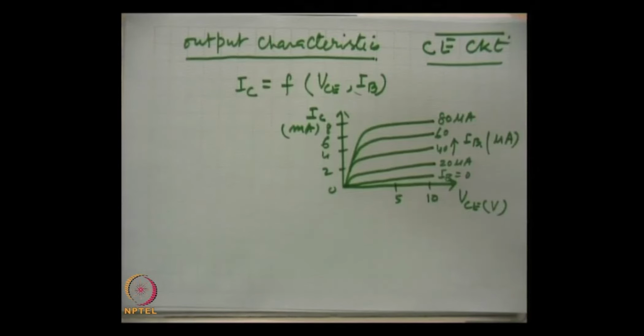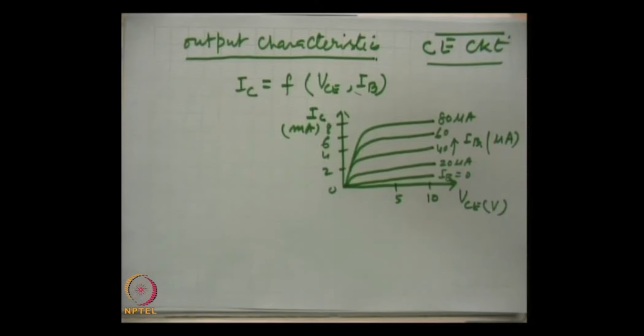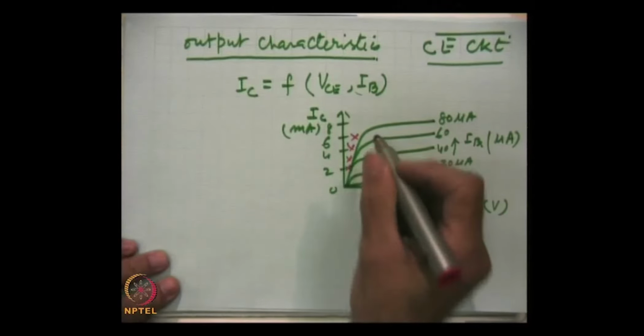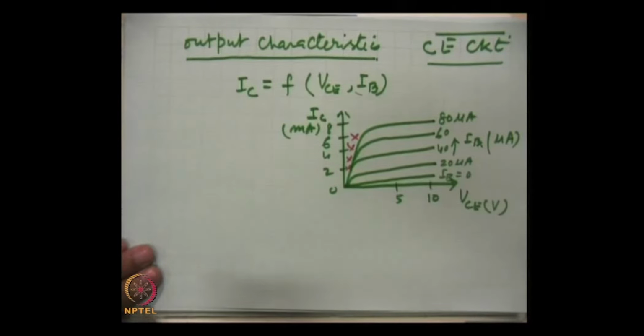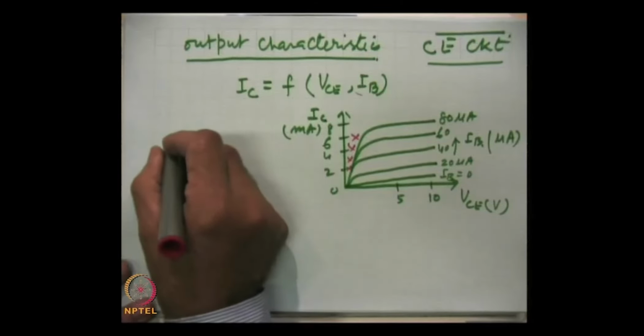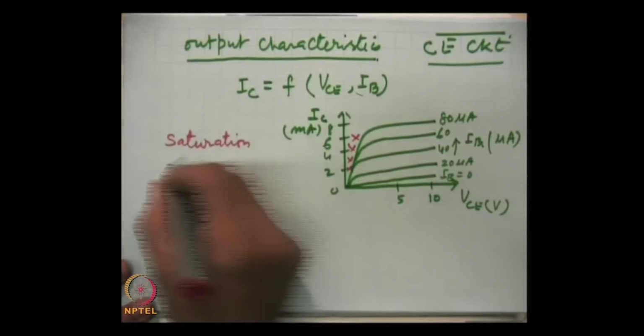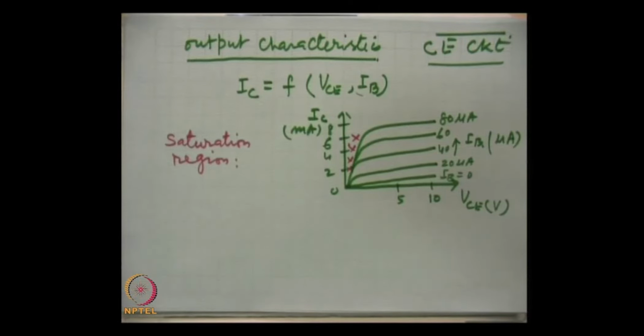These characteristics can be divided into 3 different regions. One region is this, left of this curve, and this is called the saturation region.